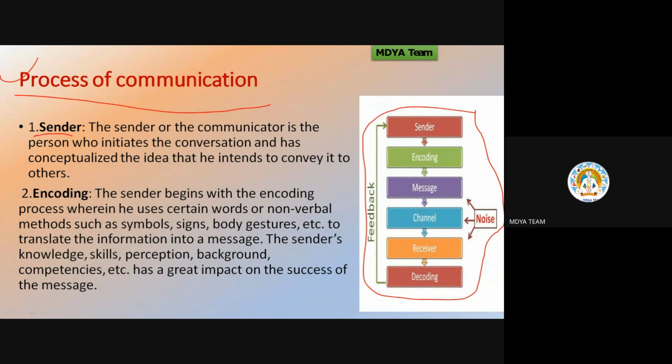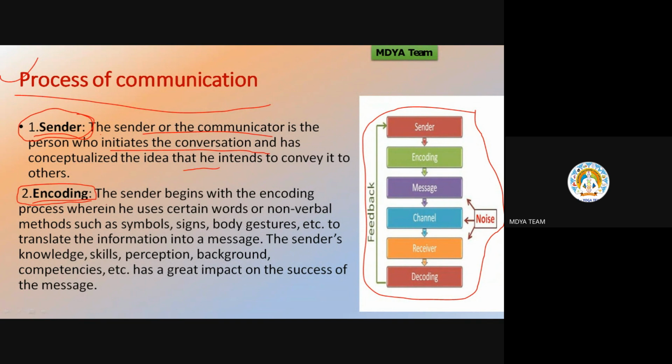So who is the sender? Who sent the message first? Yes, the sender or the communicator is the person who initiates the conversation and has conceptualized the idea that he intends to convey to others. Encoding, what is the process of encoding?